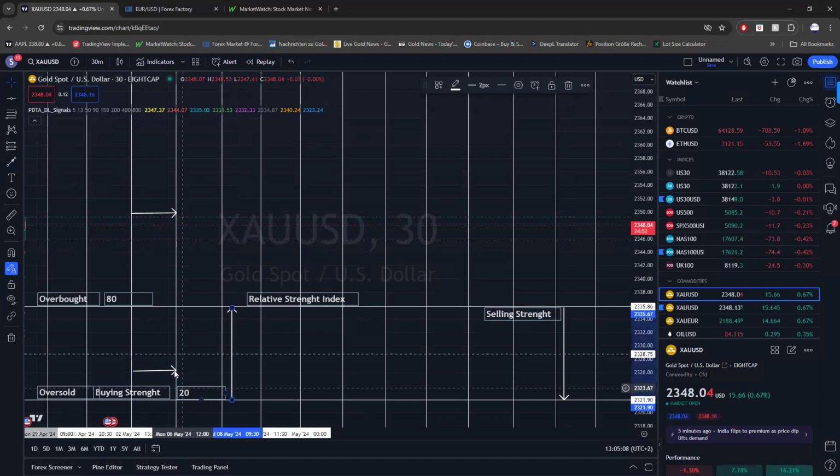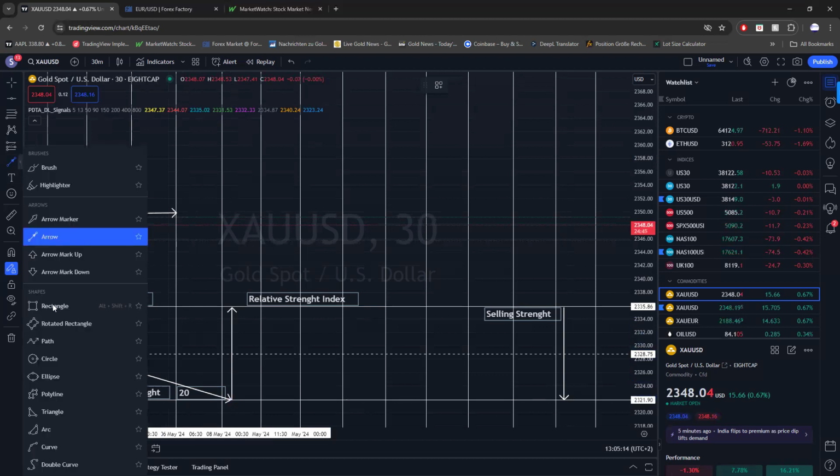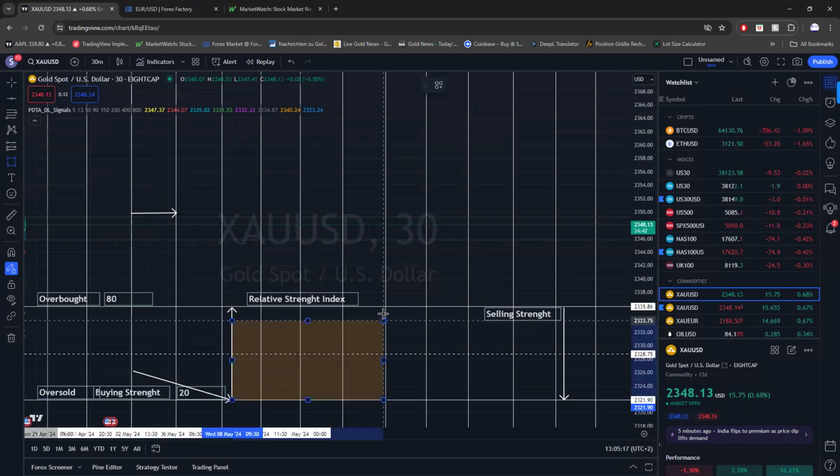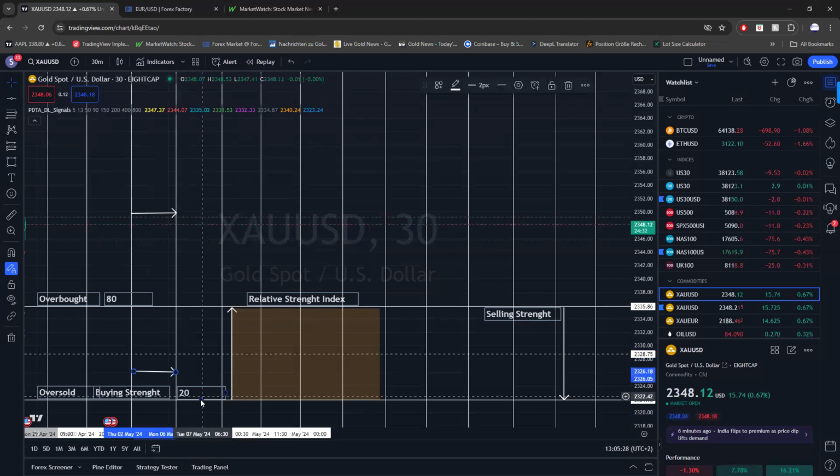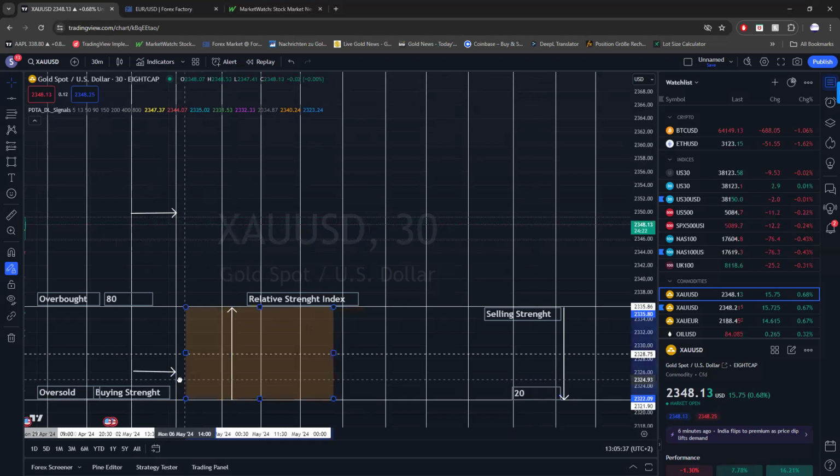If the RSI hits this value down here, this whole area is the buying strength, right? We are currently here. Let me just shift this 50 to this side, and push this here and push this here.